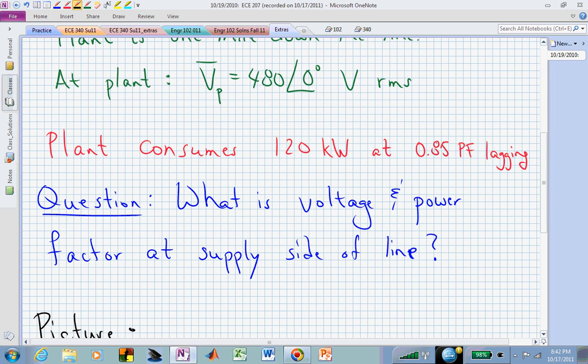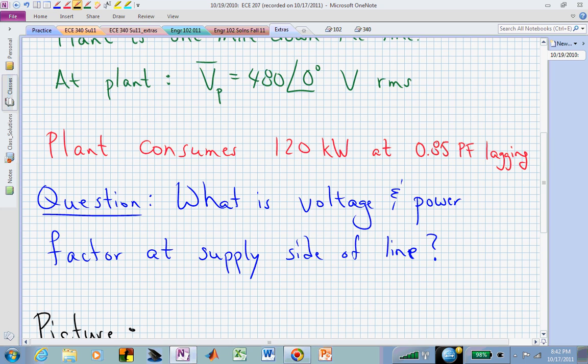That now tells us that we have an inductive load, and we can tell a little bit more about that. We can find the angle. We know that the average power, since it was given in kilowatts, is 120 kilowatts. That's the average power consumed by that load or the plant.